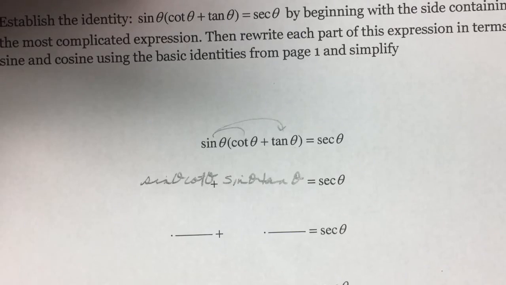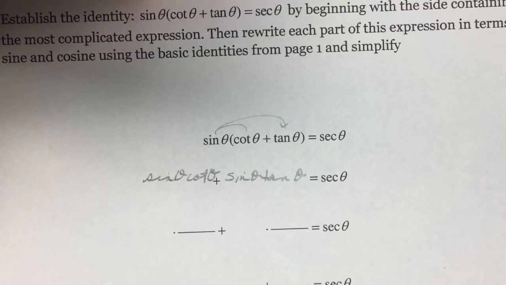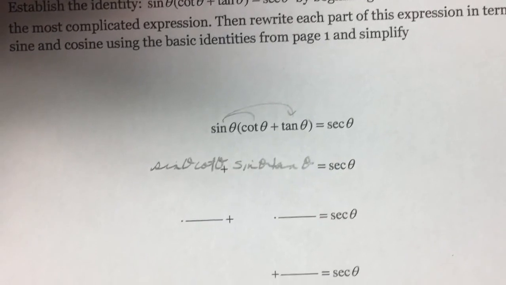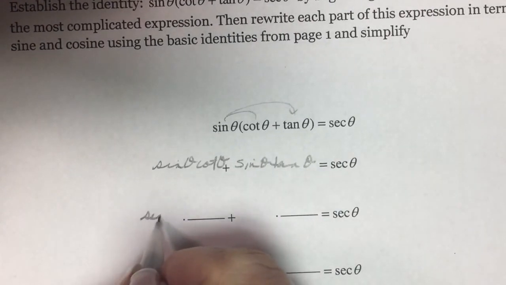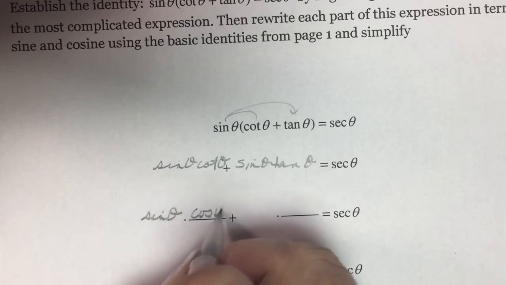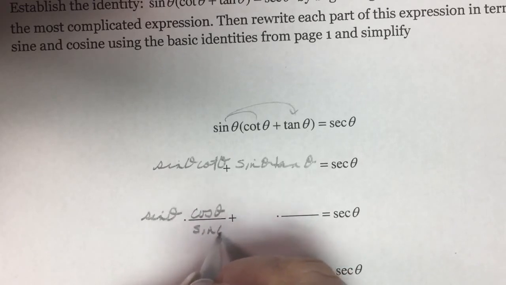Now, very often it's advantageous to change all of your expressions to just simply sines and cosines. So we're going to do that. We're going to have sine theta here, but we're going to change cotangent to cosine theta over sine theta.